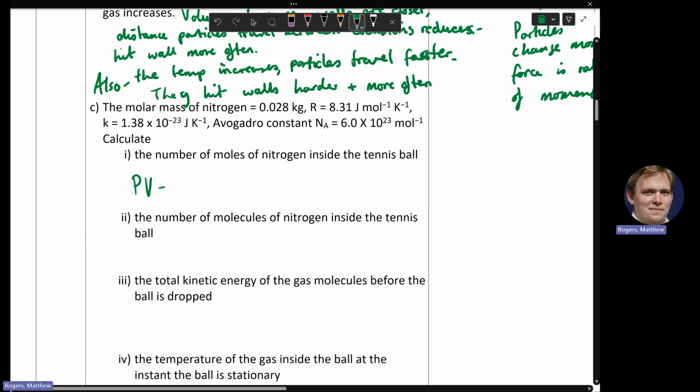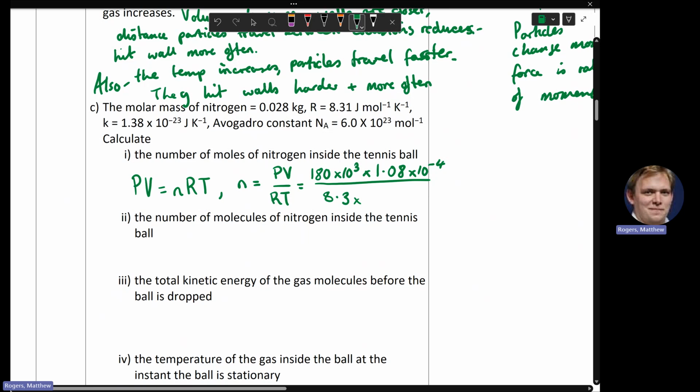So we can use PV equals nRT. n is PV over RT, which here is 180 times 10 to the 3 for the pressure, multiplied by 1.08 times 10 to the minus 4 for the volume, divided by 8.3. Everything else is two significant figures, so there's no great need to carry the extra significant figure.